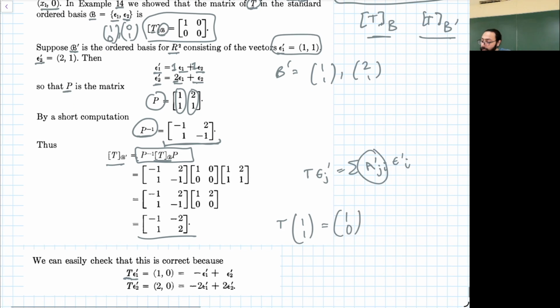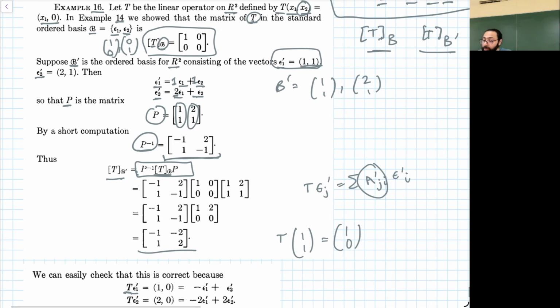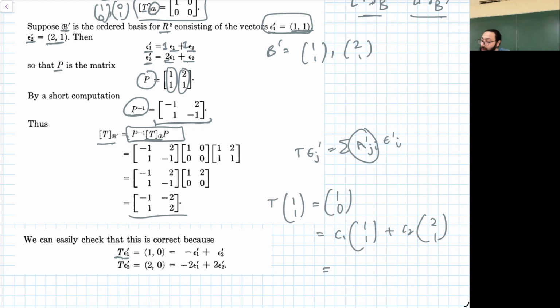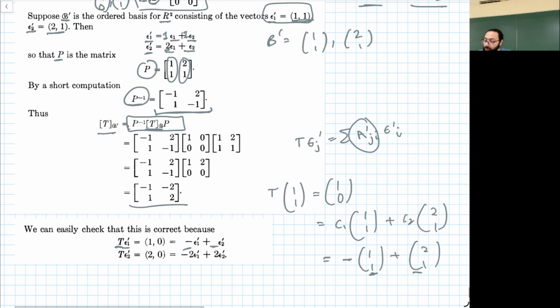We want to express this as a linear combination of epsilon 1 prime and epsilon 2 prime: some coefficient C1 times (1, 1) plus C2 times (2, 1). What would this linear combination be? It cancels the bottom part and gives you 1 on the top part. You can do a similar computation for (2, 0) and you will get -2 and 2.